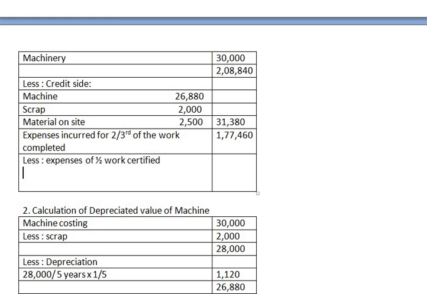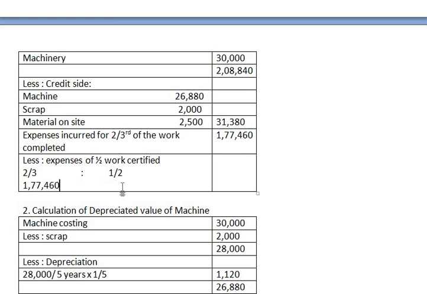Now for 2/3 of the contract, to complete 2/3 of the contract, expenses incurred is 1,77,460.